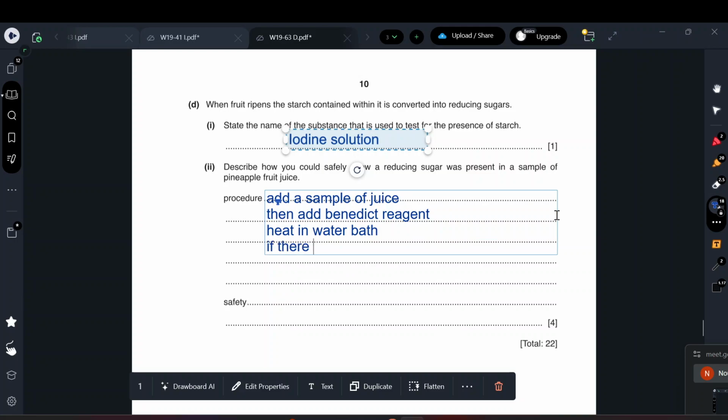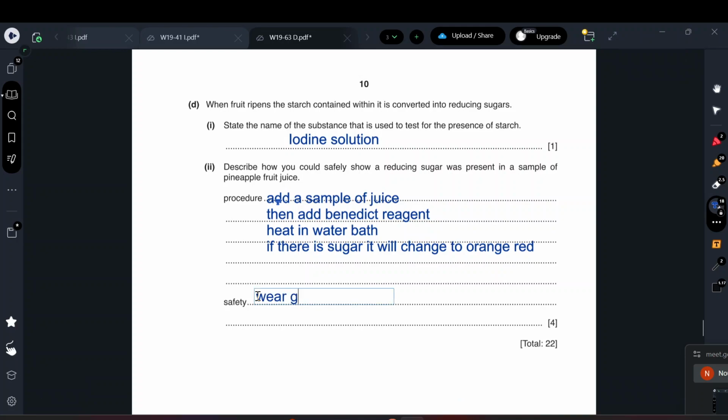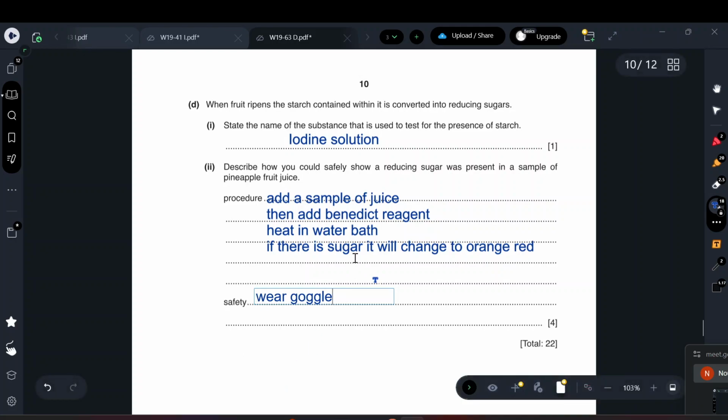If there is sugar, it will change to orange red. What is the safety precaution? Either you can say wear goggles to avoid splashing of the reagent to your eyes, or you can say use a test tube holder in order to avoid burning your hands because of the hot water in the water bath.